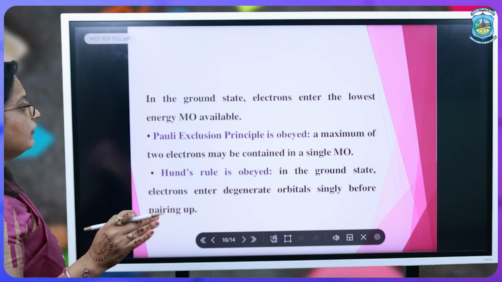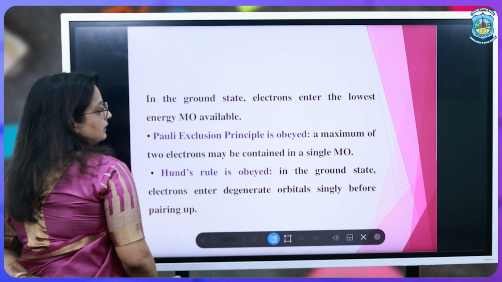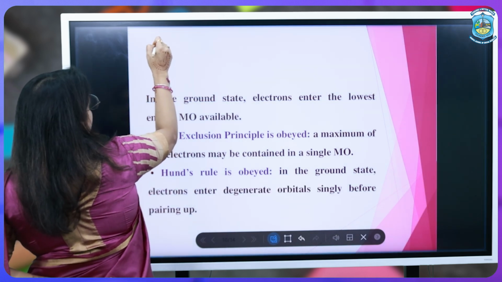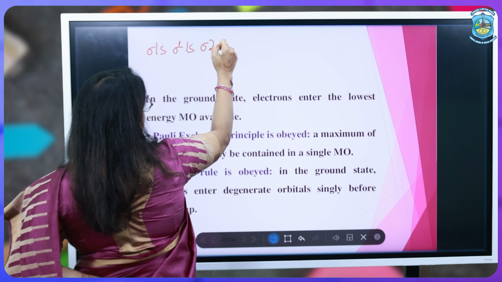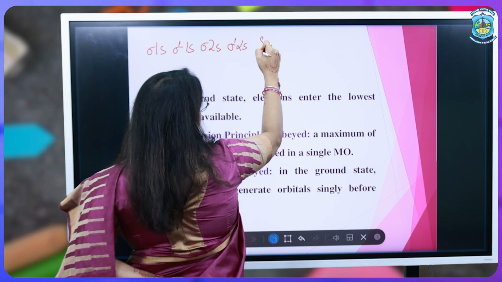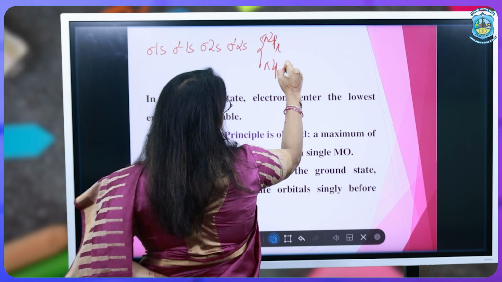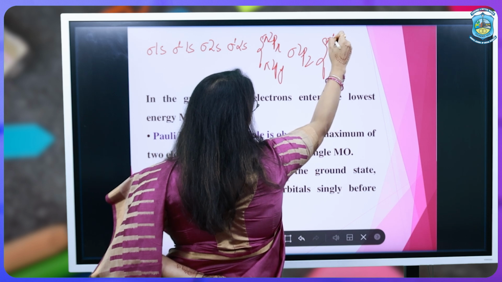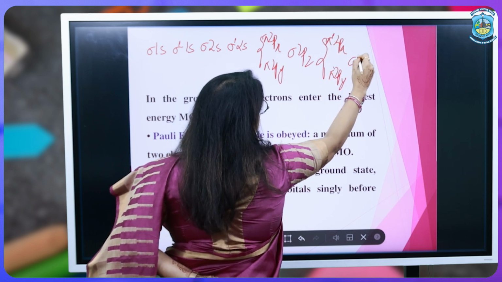Now, points to be remembered while filling the orbitals in this combination. So we have sigma 1s, anti sigma 1s, sigma 2s, anti sigma 2s, and then we have pi 2px, pi 2py, sigma 2pz, and similarly anti pi 2px, anti pi 2py, and anti sigma 2pz.